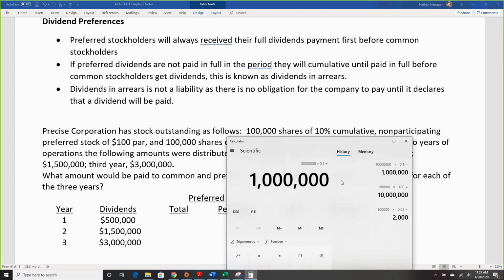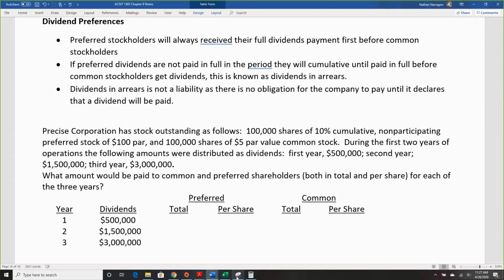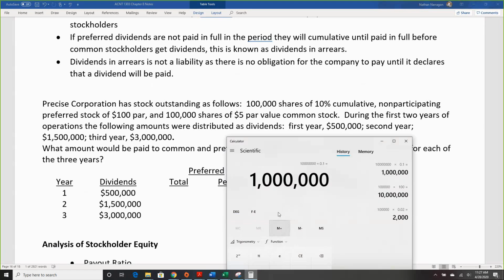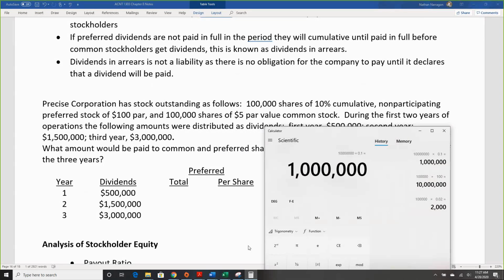Okay? First off, when we look at year one, the company only issues out 500,000 in dividends. We look at here, this is how much preferred stock will get. They didn't get their money.